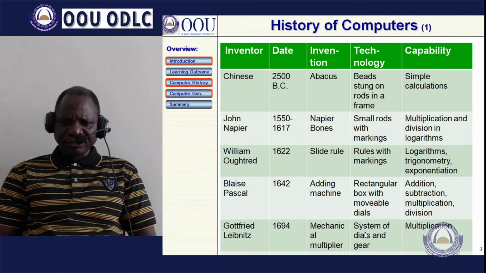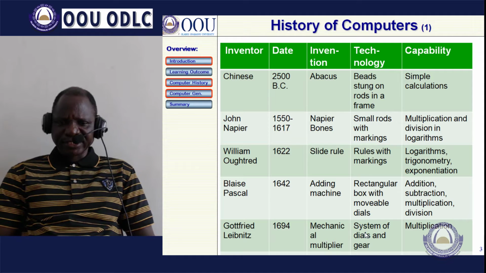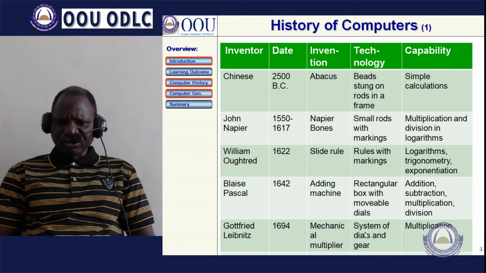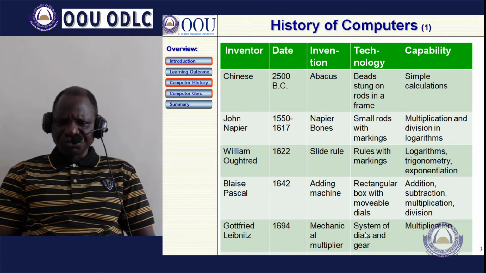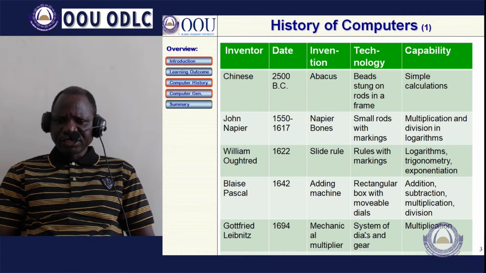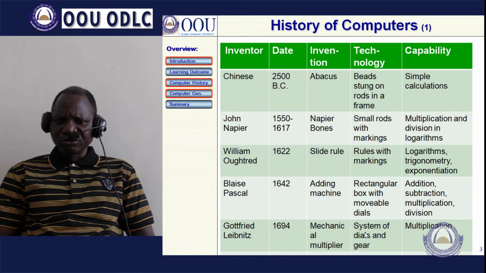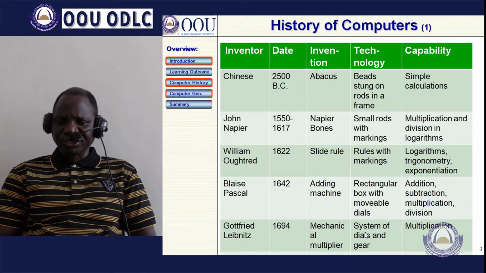The adding machine was invented by Blaise Pascal in 1642 and consists of a rectangular box with movable dials. It can undertake addition, subtraction, multiplication, as well as division. That is, it can perform simple arithmetic calculations.